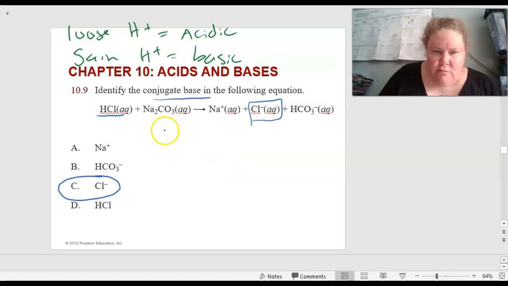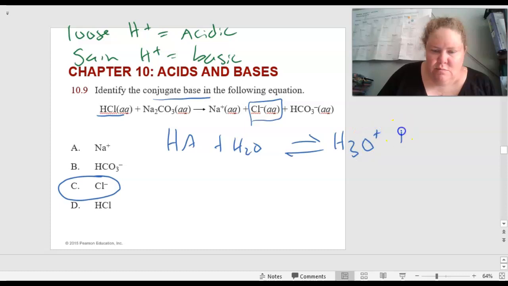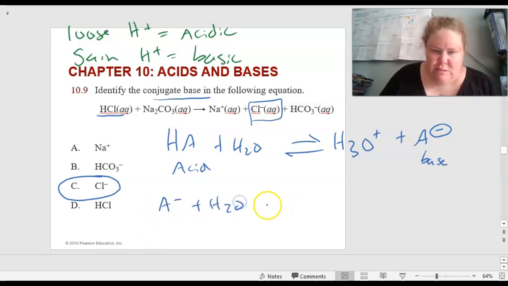Here's another kind of fun formula. If you have, for instance, HA plus H2O, this is a reversible reaction. That would make it H3O+ plus an A−. So the HA would be your acid, and this A− would be a base. If you flip-flop it and go the other way, an A− plus an H2O, this is just an example to explain it a little more.